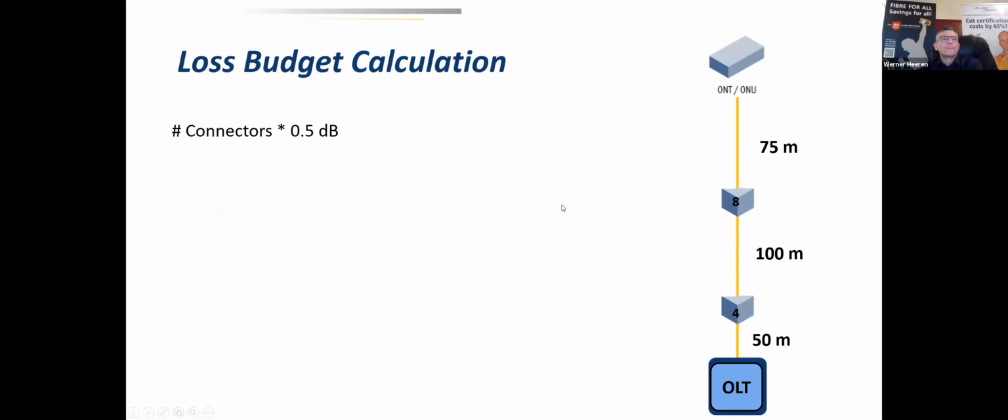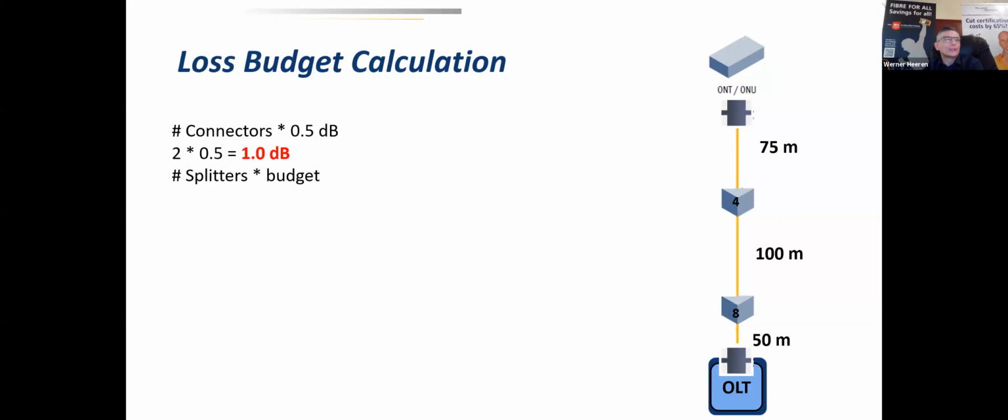For example, here you see a loss budget calculation. There are 2 splitters in place, one 8-port, one 4-port, and the length and some fiber in the middle. You have to check how many connectors there are: 2 connectors at the front end, each can have a loss of 0.5 dB. The impact of the connectors is in total 1 dB for the 2 connectors together.